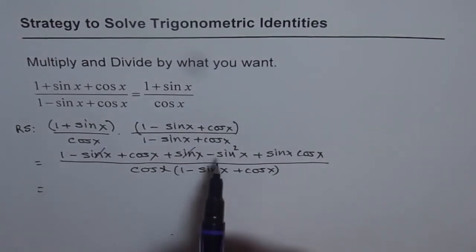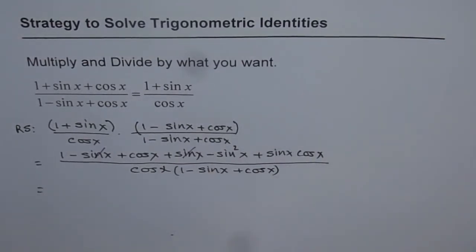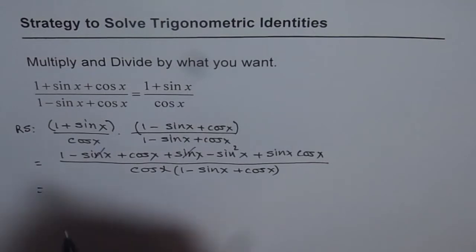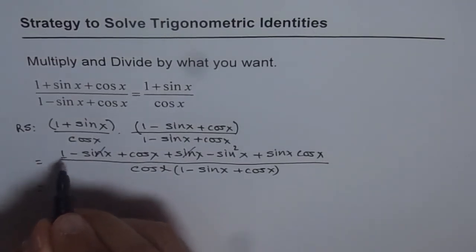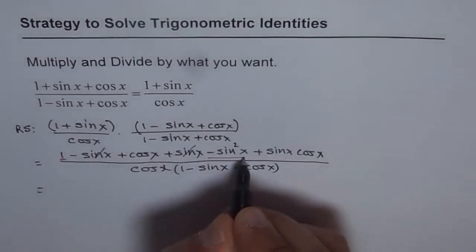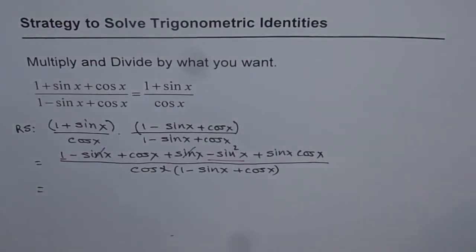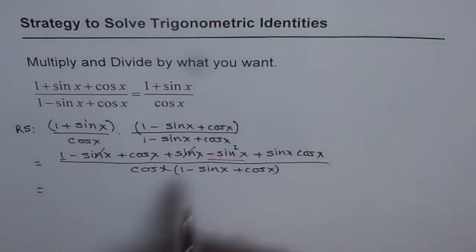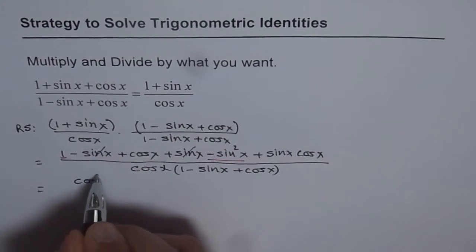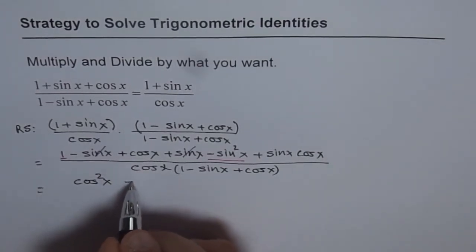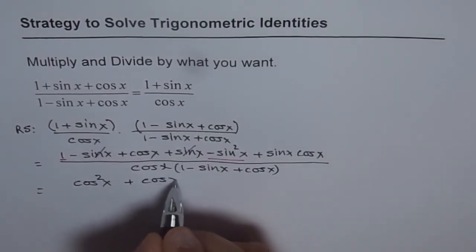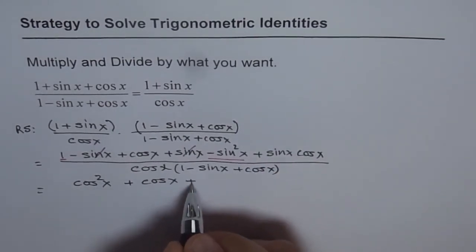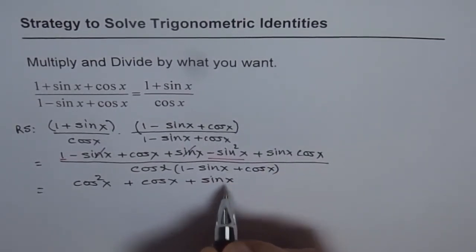Then we have 1 minus sine square x, which is cos square x. So we'll write cos square x. The next term is plus cos x, and then what we have is sine x cos x.